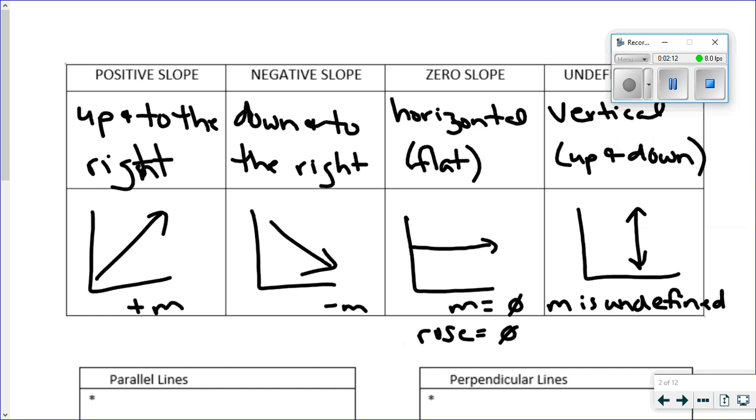Otherwise known as undefined. Now, this one is the only exception to y equals mx plus b. And we'll get into what to do with it in just a second.